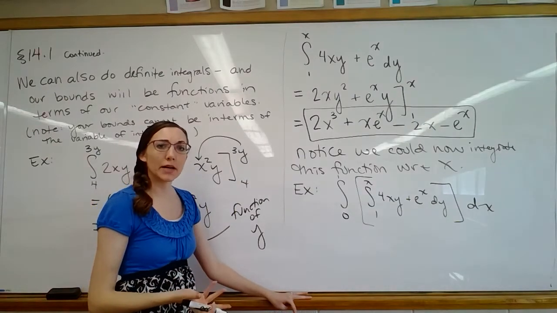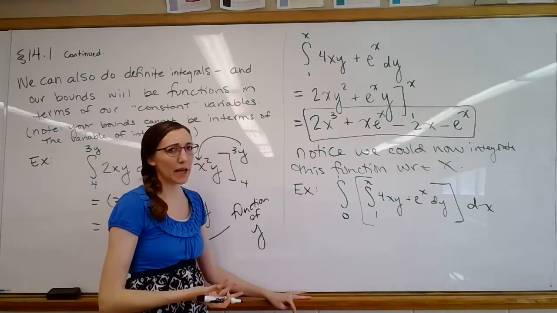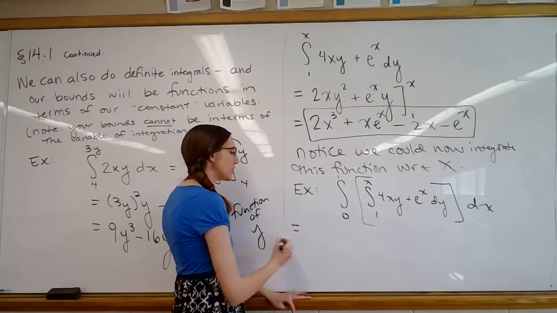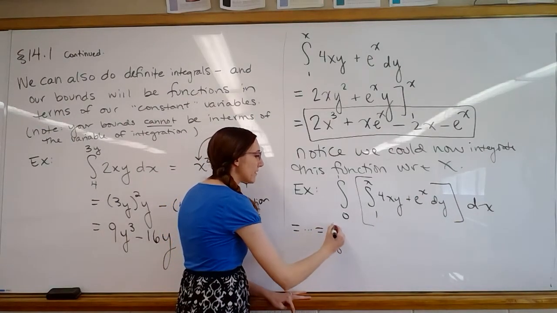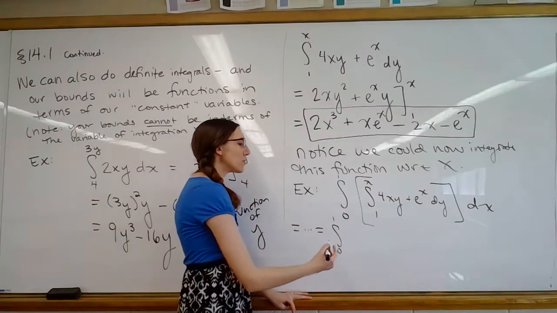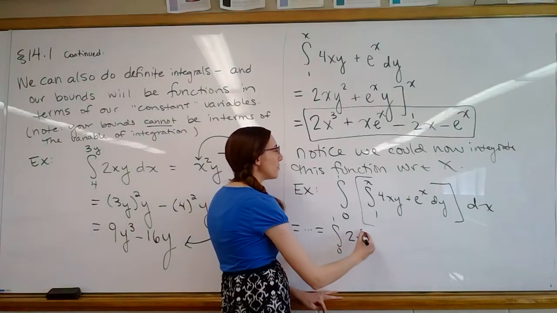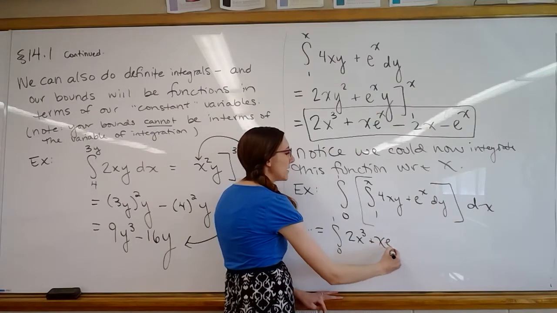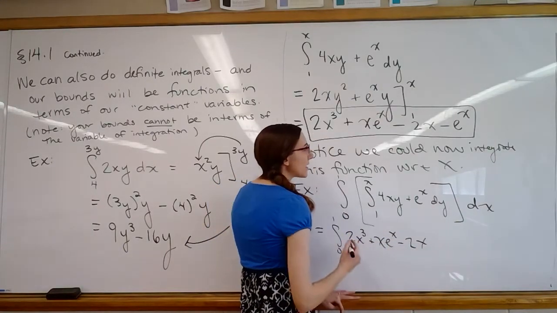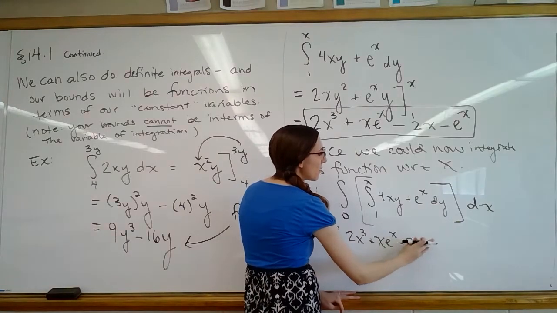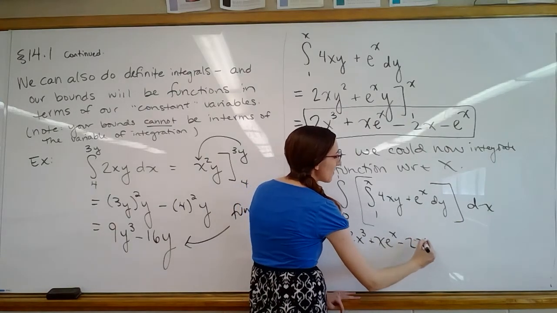Now this looks a little bit confusing on the front end, but if we think about using what we just found, well, what we just found was that everything inside of the brackets was just the same as 2x cubed plus x e to the x minus 2x minus e to the x.